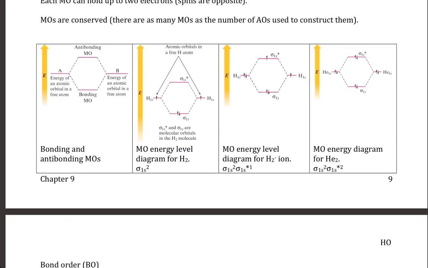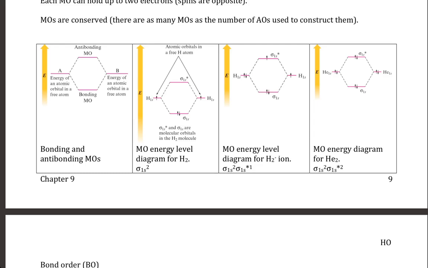All right, so this table here shows energy level diagrams, and this is for the one on the left. We've talked about that. We have 2 atoms involved, atom A, atom B, and if they have just s atomic orbitals involved, like we're talking H2 or maybe He2, the energy level diagram would look like that.